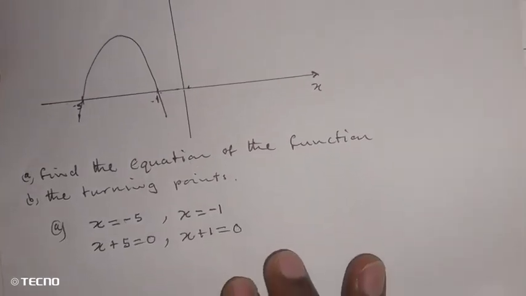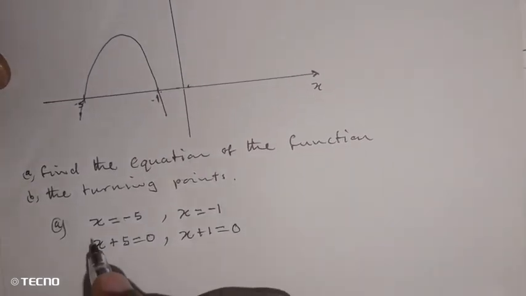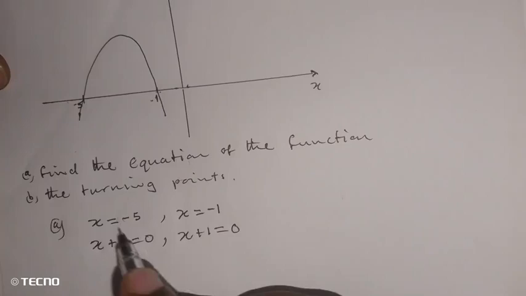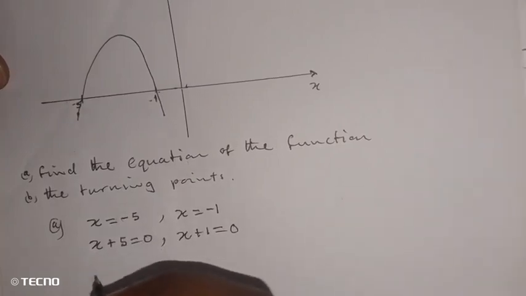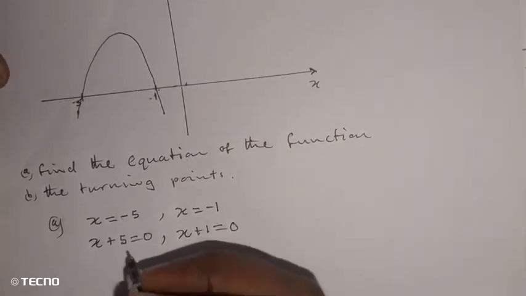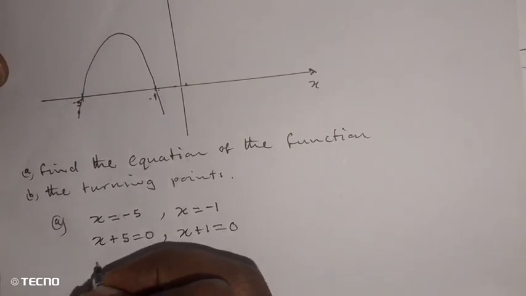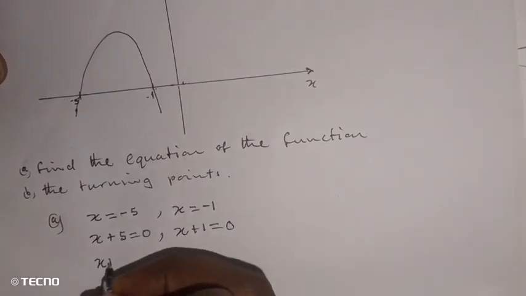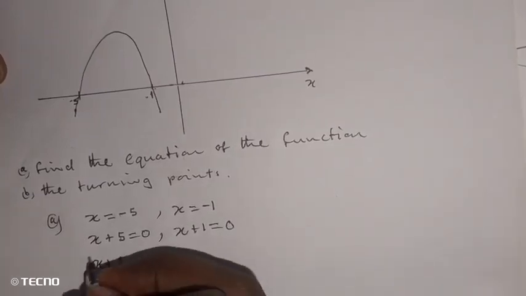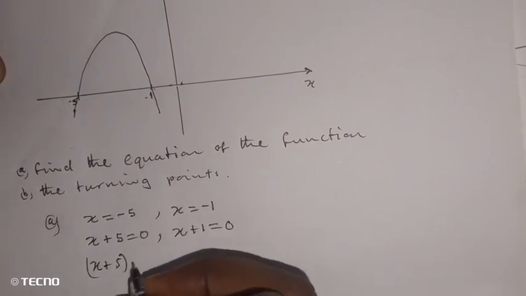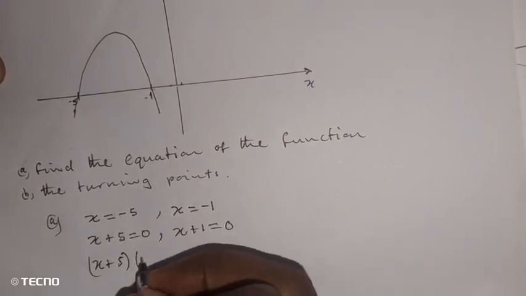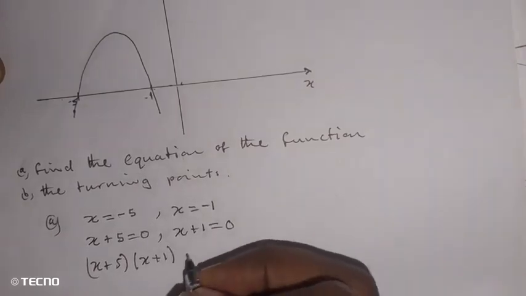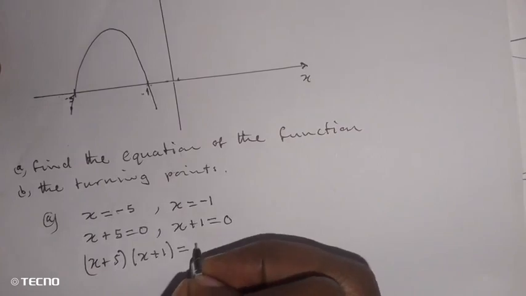So having something like this, which means we can multiply this and this. Okay, we can multiply because this one, it will be as the difference of 2 squares. So having this one, it's going to be something like our x plus 5, we close bracket. Then we also open x plus 1, we close, is equal to 0.